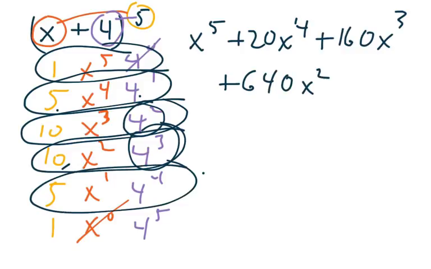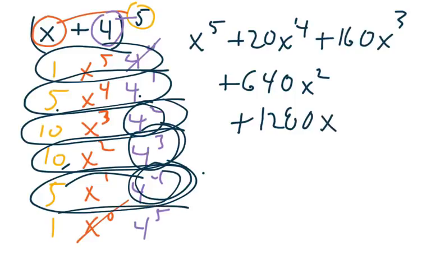Now I'm going to do this one, 4 to the 4. And that one I'm definitely going to use a calculator on. I'm pretty sure it's 256, but let me just double check here. 4 to the 4 power is 256. So this is 256 there, times 5. 256 times 5 is 1280, so I'm going to have a plus 1280x.